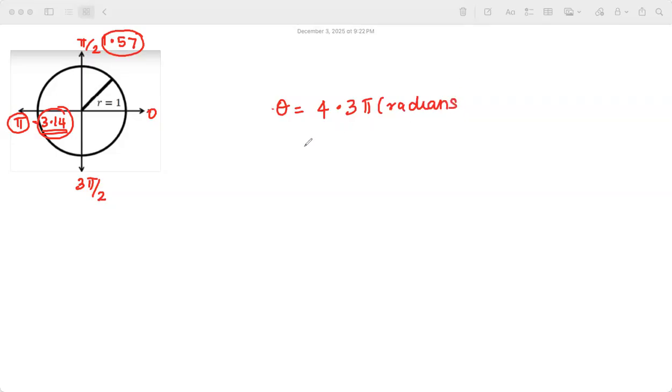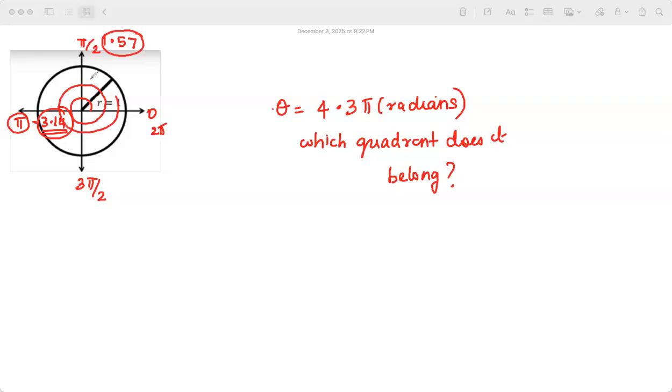Which quadrant does it belong to? Think in terms of pi, then it becomes easy. You keep on going, circling like this, circling like this. So 4.3 pi, where does it come? Is that 4.3? 4.3, ma. Okay, I thought that was a multiplication. 4.3 radians.